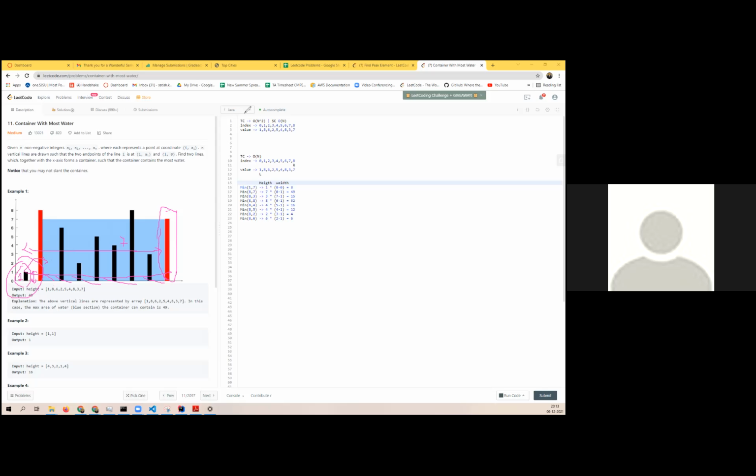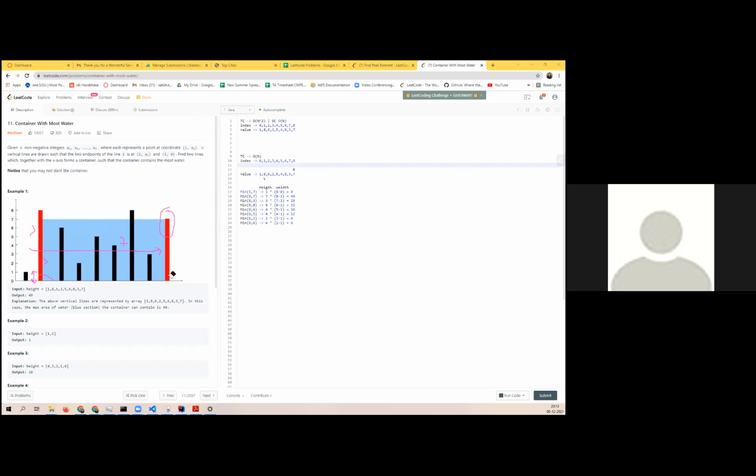So whenever we have two heights, let's say this is height 1 and this is height 2, we will always move the one which has the minimum value. So in our case, the minimum height is at index 0, so we have to move index 1. So in the upcoming cycle, I will increase the left pointer, and I will keep the right pointer the same at height 7 only.